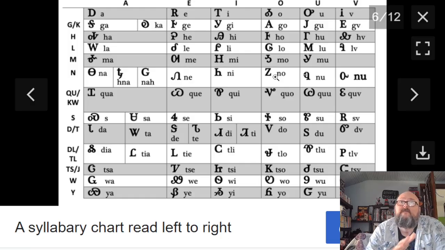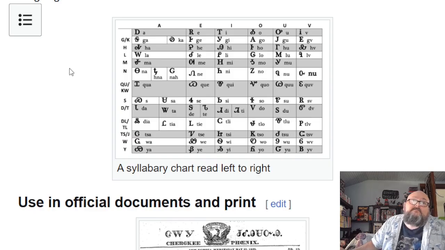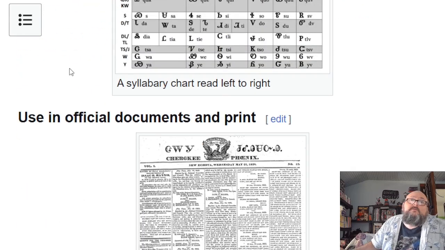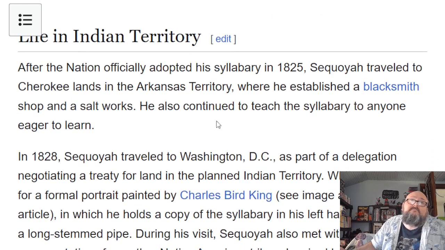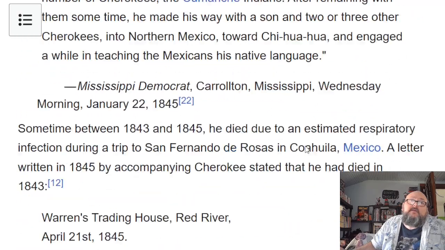I'm assuming that's what it is, like gv, hv, lv, nv, kv, sv, dv, tlv, tsv, wv, iv, or yv. Interesting. It became used in documents and everything. And like we already talked about, it did a lot of good in forming a written language.